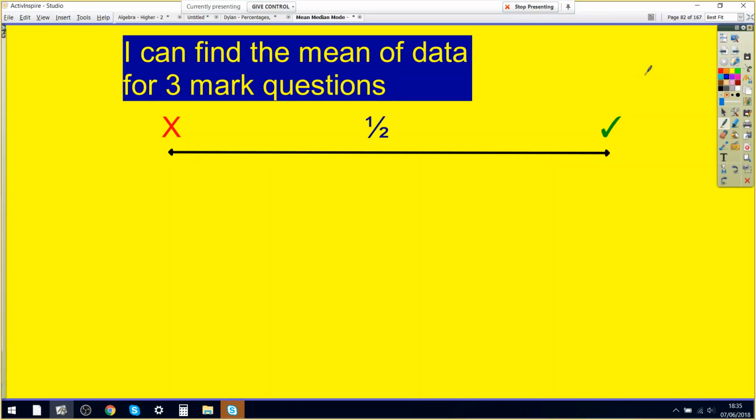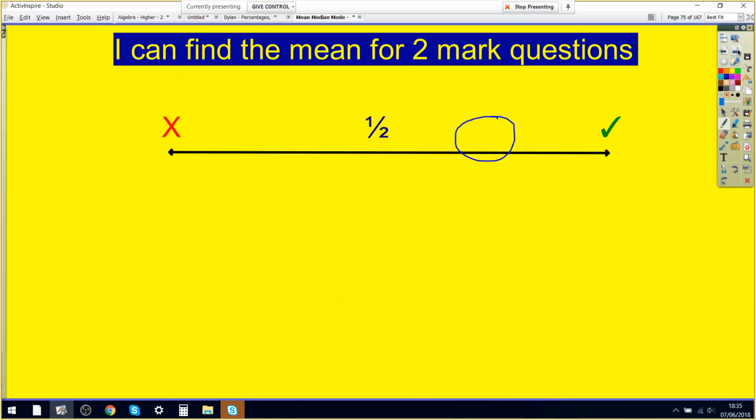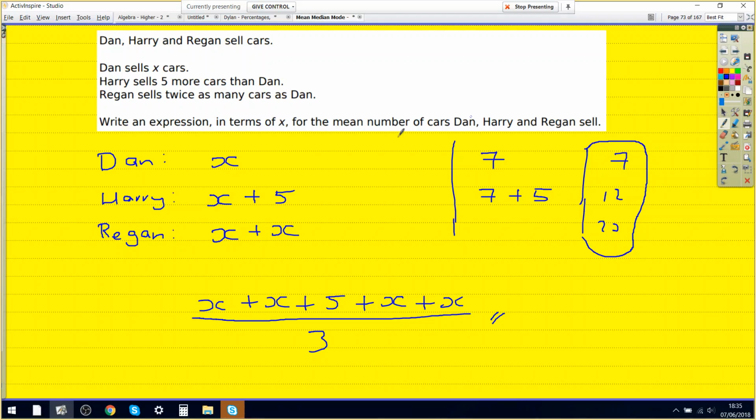A half tick, tick. Yes, and 3 mark questions are obviously more difficult than 2 mark questions. Let me go back a second. That was the 2 mark questions, and you struggled with this one and now you did it like it was nothing.